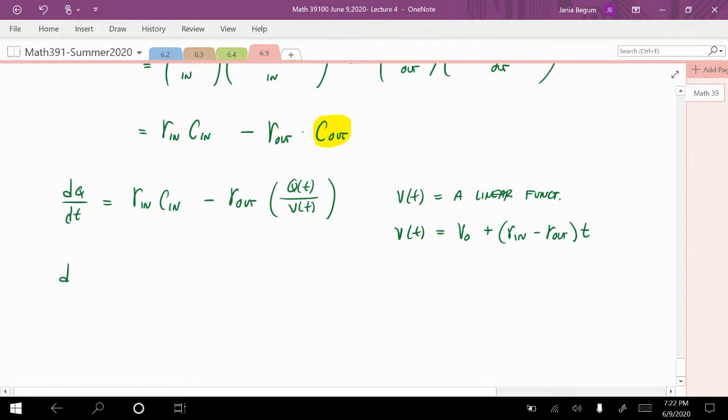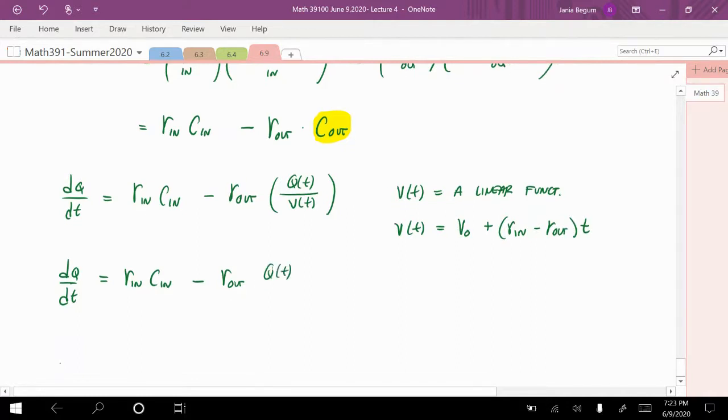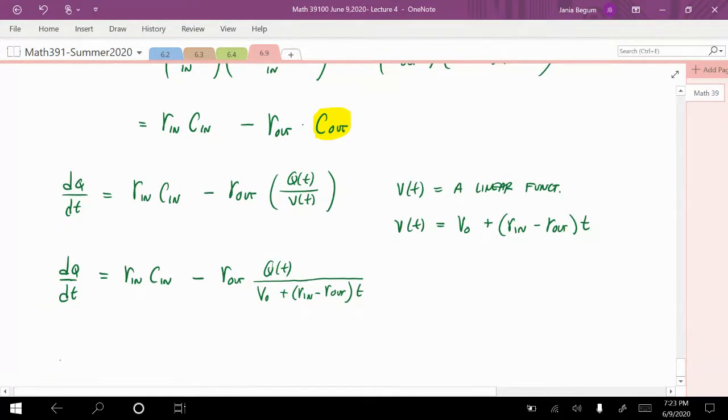So to sum this up, we have dQ/dt, which is going to be measured by R in, C in, minus R out, and C out, that's going to be modified with Q of T over V of T. Well, V of T is a linear function, so we have V initial plus R in minus R out, that's the slope, times T. It's a function of T. So let me just write this here.